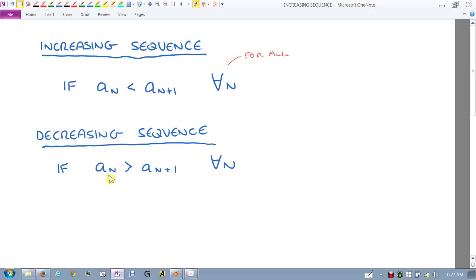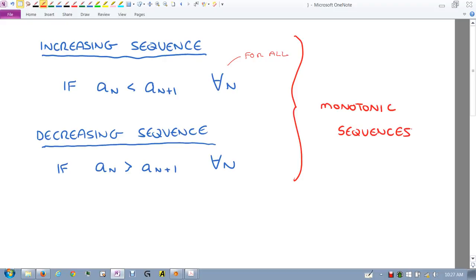So it looks like steps going down instead of going up. In either case, increasing or decreasing, these are both considered monotonic sequences. If I say the sequence is monotonic, that means it's either increasing or decreasing, so monotonic is a more vague description.